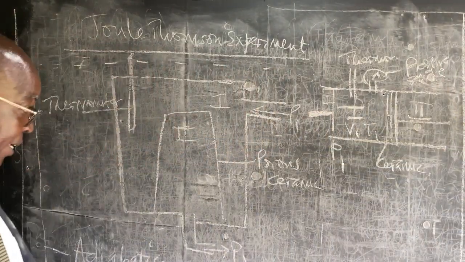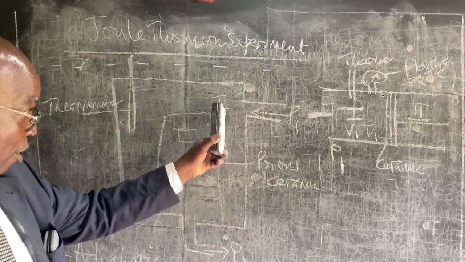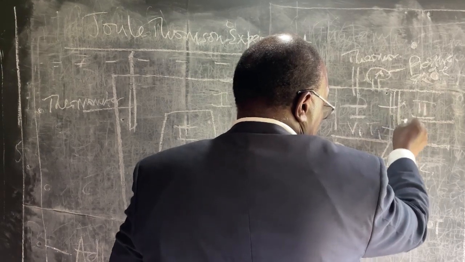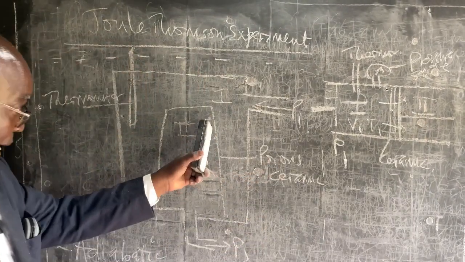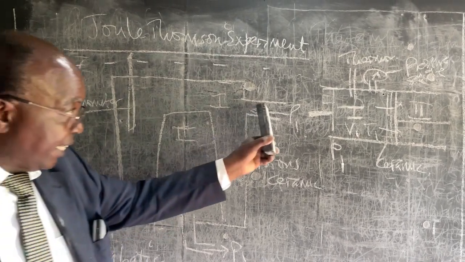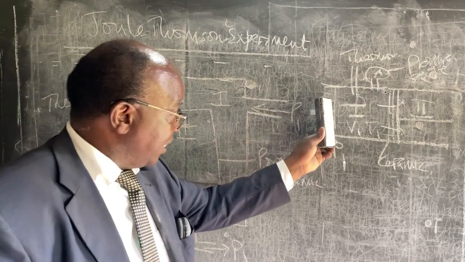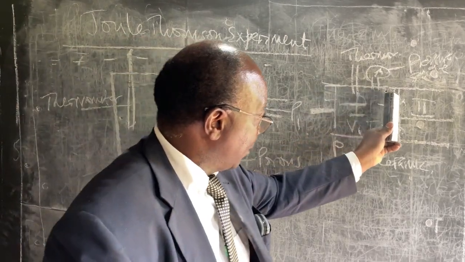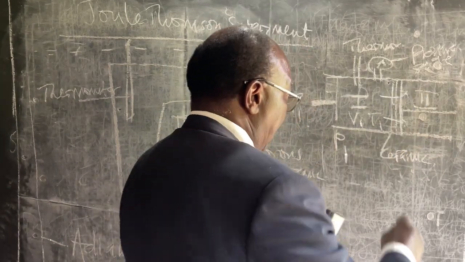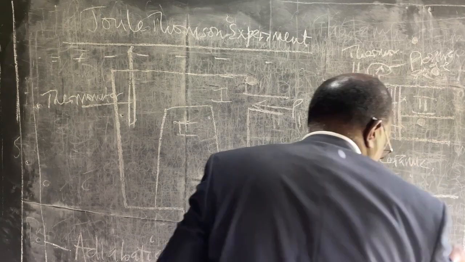So what are we saying? The gas coming in is acting as a piston, pushing on the gas in compartment 1, which goes through the porous ceramic, pushing the gas in compartment 2 out. So this is the first representation. The final representation is when this piston has pushed the gas in compartment 1 to that end, and the gas in compartment 2 acts as a piston to be pushed out.